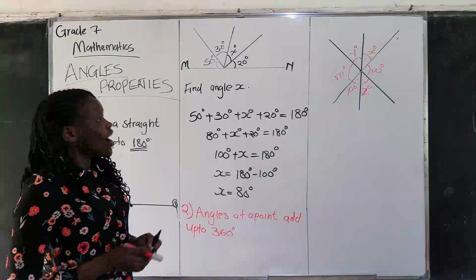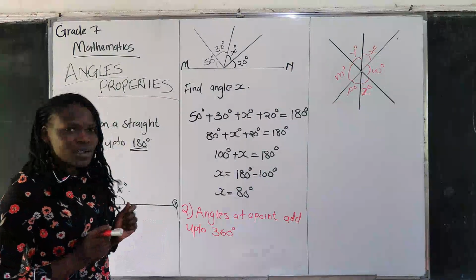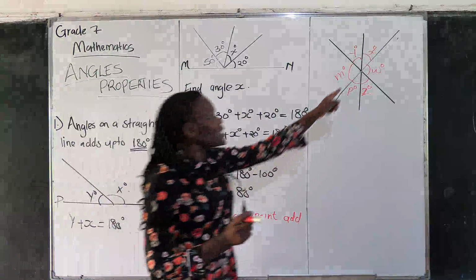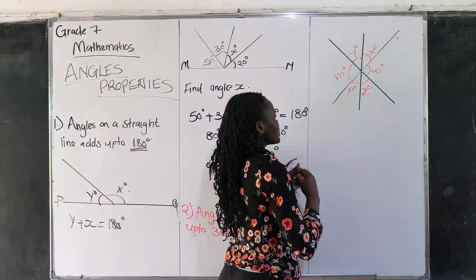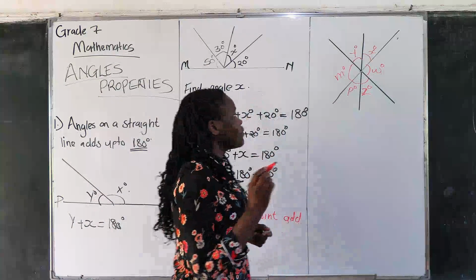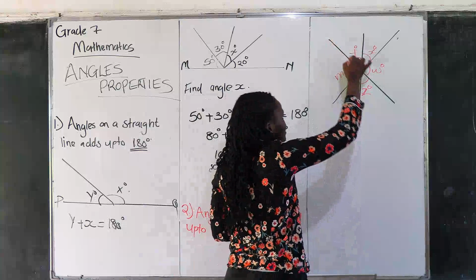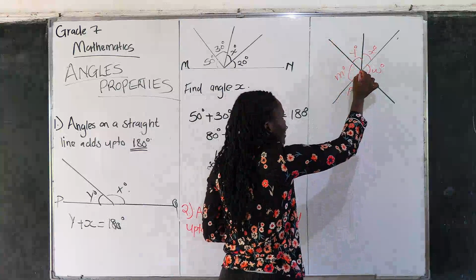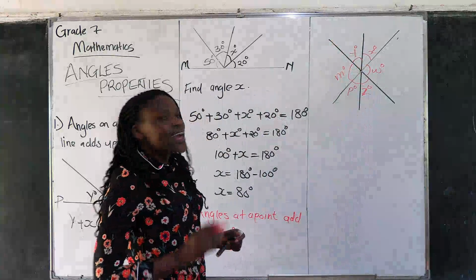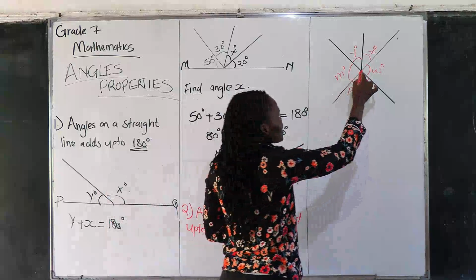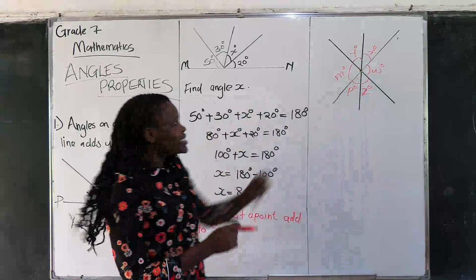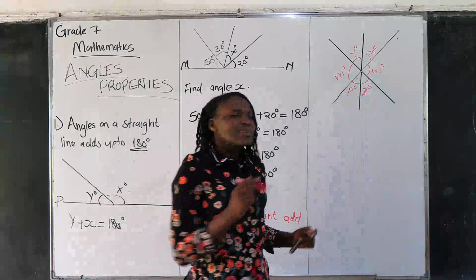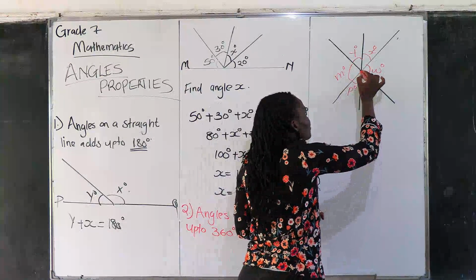One thing you can see from these angles, they are meeting at this point. Angle M is formed by this line and this, and they are meeting at that point, okay? This angle also meets at the same point. They are meeting at this one point.